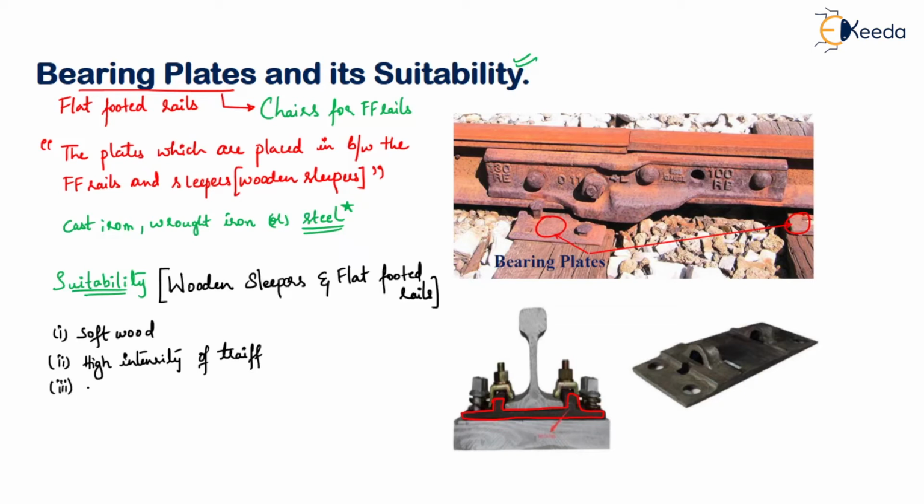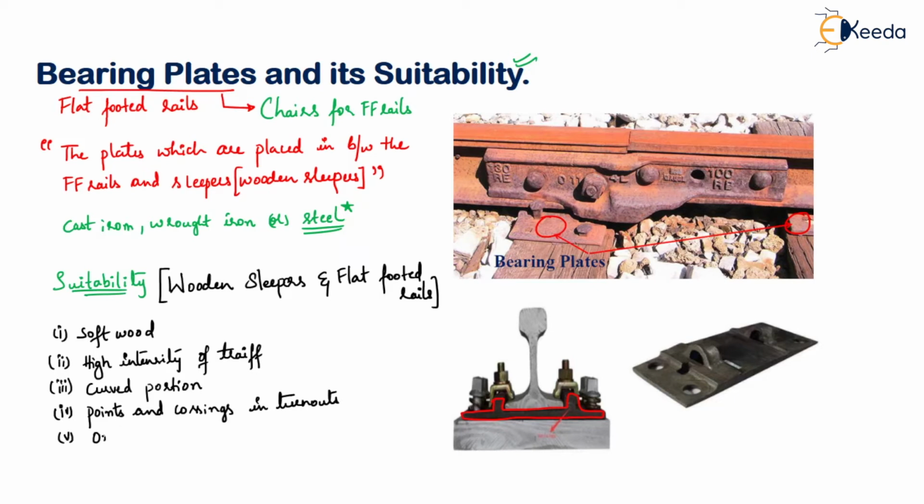Next is, if you are using your flat-footed rails in a curved portion of the railway track, then you have to go for using the bearing plates. Next, the fourth point is in points and crossings. So wherever there are points and crossings, in the turnouts of your railway track, you have to go for using your bearing plates.